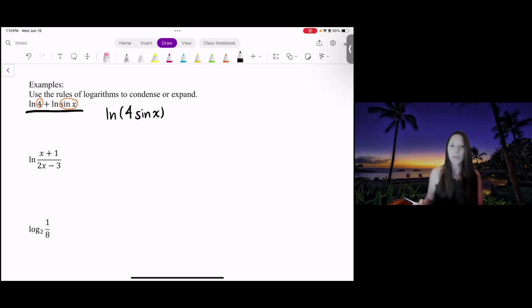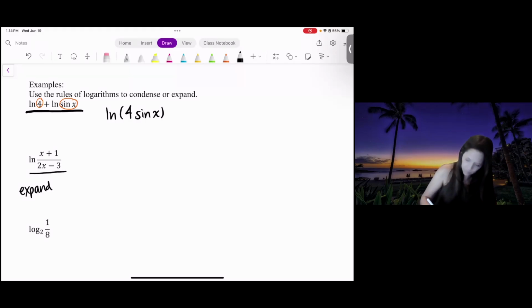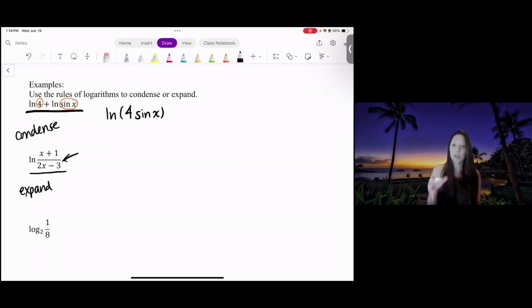In the second expression, that is going to be an expansion because I have some division going on. With division, remember that becomes subtraction. I write the numerator minus the denominator, and it is the natural log of the numerator minus the natural log of the denominator.